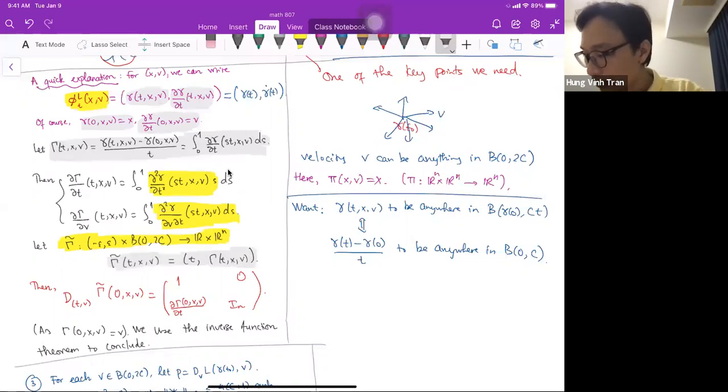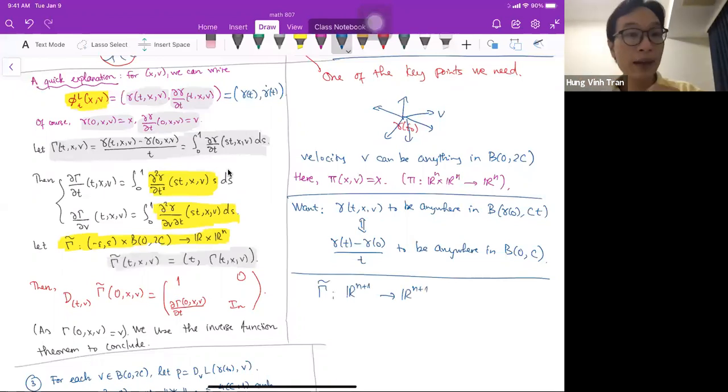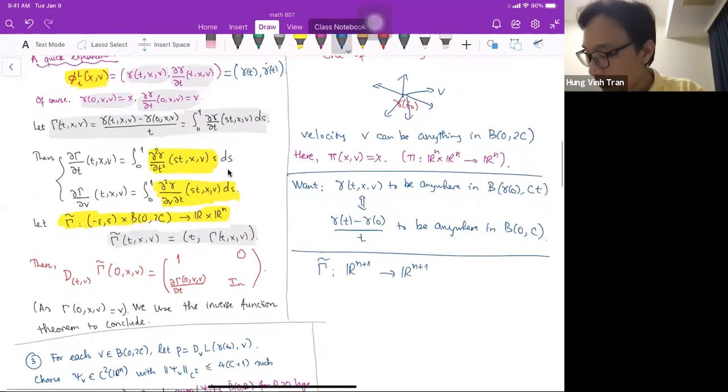Okay, so in a nutshell, you can think that gamma tilde is a map from R n plus 1 to R n plus 1, because I also put time there. Okay, and you can try to find the gradient of gamma tilde, and the gradient here has to be in t and v, right? Okay.